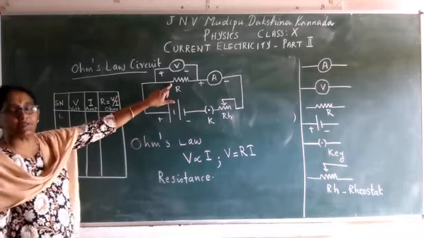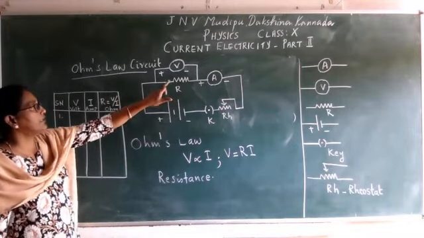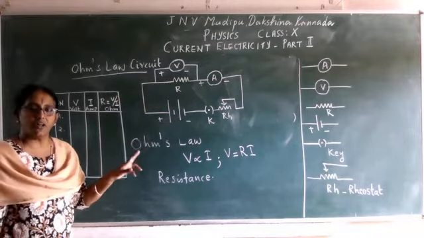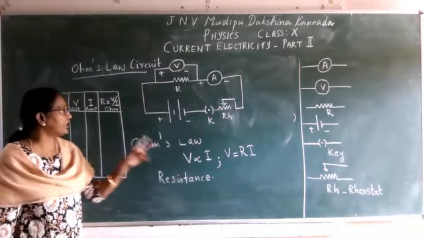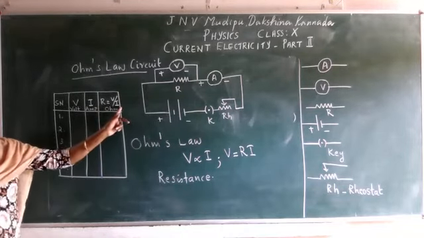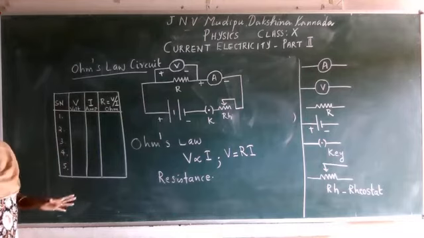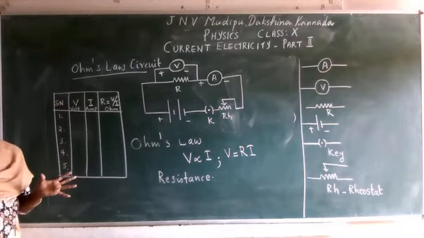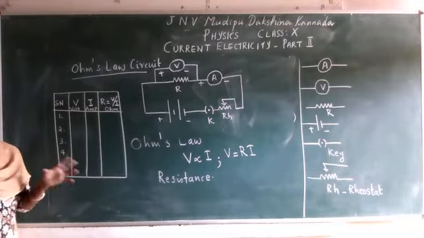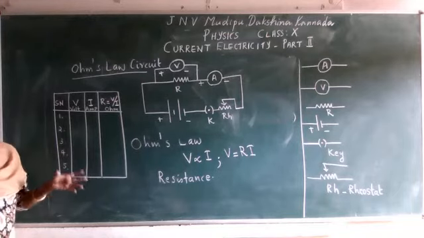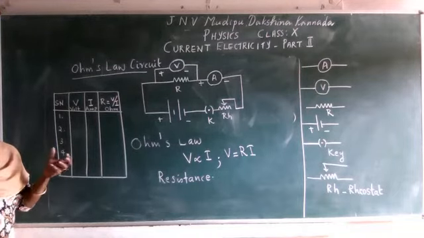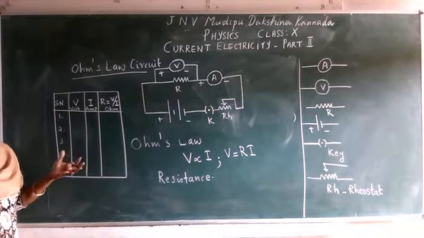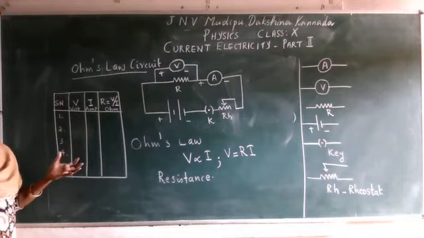So the resistance value will remain constant, and that we can measure as V divided by I. This we have to verify in the lab. I will demonstrate how you have to take the readings and how you can measure the particular value of V or current in the laboratory.